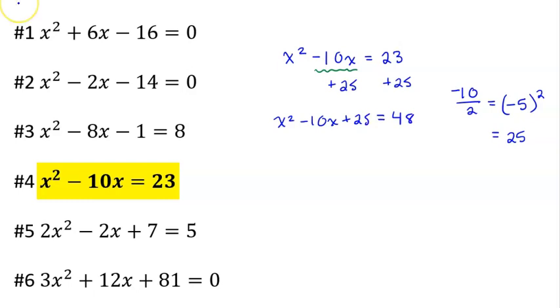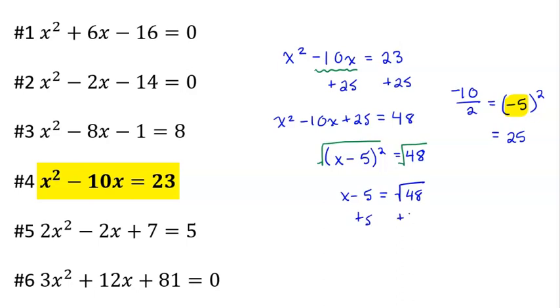From here, I'm going to write it as a square, and I'm going to use my shortcut. I want to take the square root of both sides. X minus 5 equals the square root of 48.